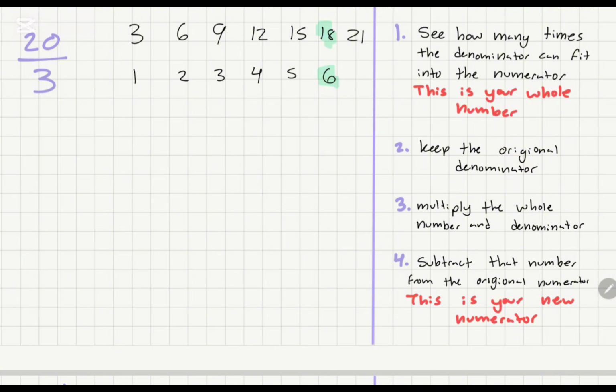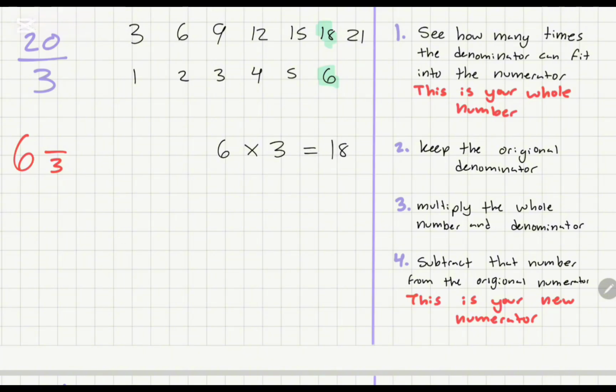So I know that 6 is going to be my whole number of our mixed fraction.